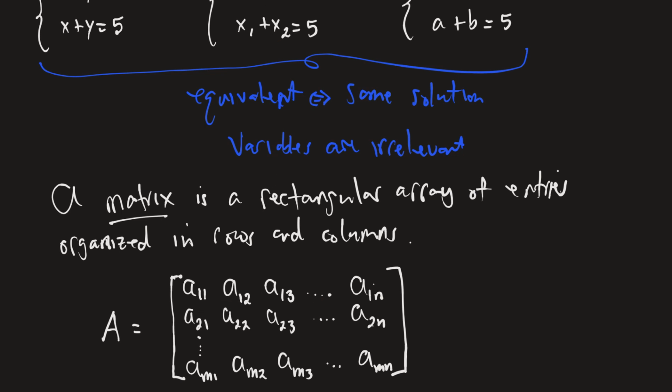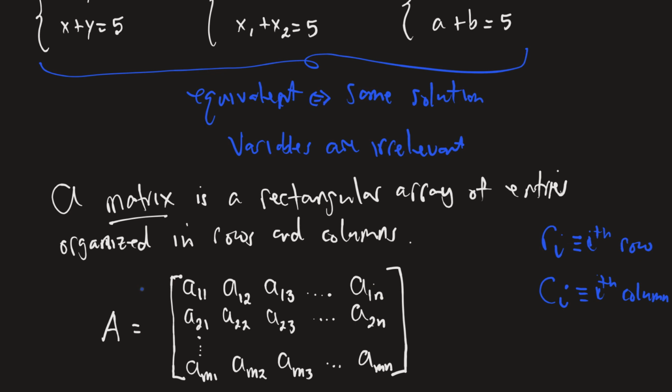So where are the rows? Well, rows go across. I'm going to use Ri as the notation for the ith row, and Ci will be the notation for the ith column.